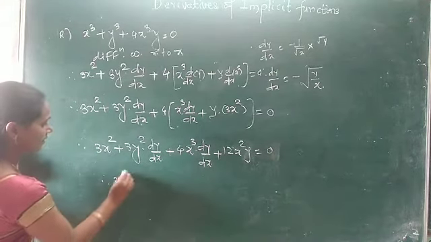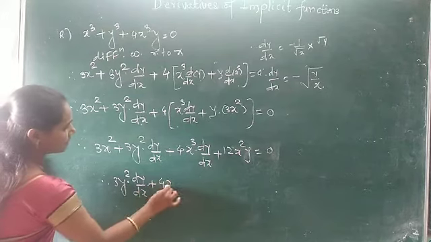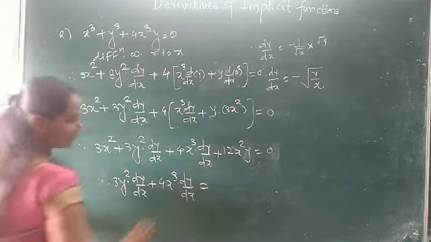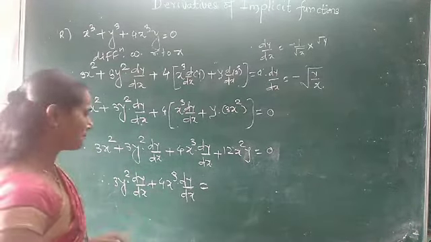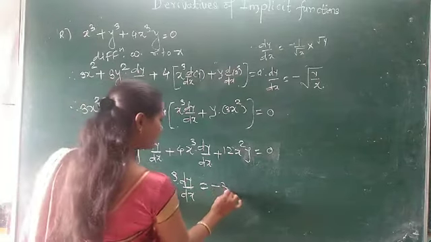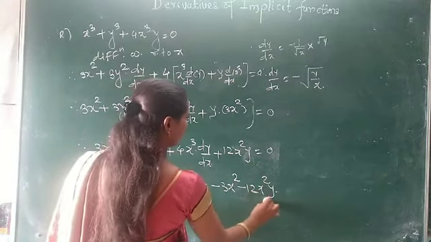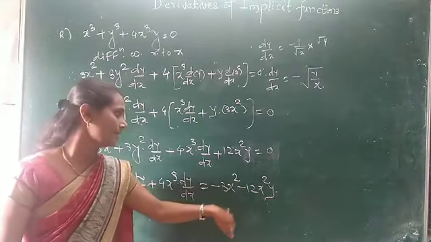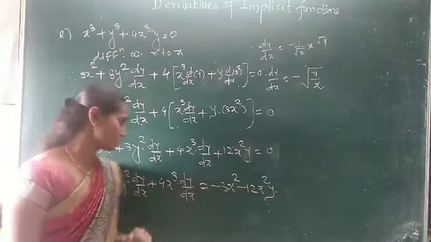Therefore 3y square into dy upon dx plus 4x cube into dy upon dx, which is equal to the terms which are plus here. So on this side it becomes minus: minus 3x square minus 12x square y.